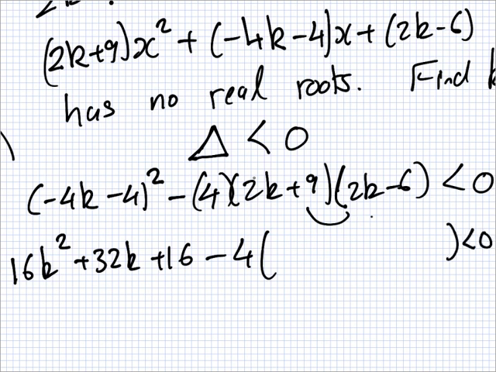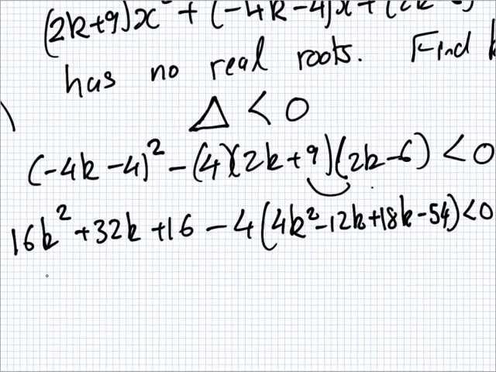Okay? So 2k by 2k, 4k squared. 2k by minus 6, minus 12, and then next, plus 18, isn't it? Minus 54, 9 by 6. Yeah?